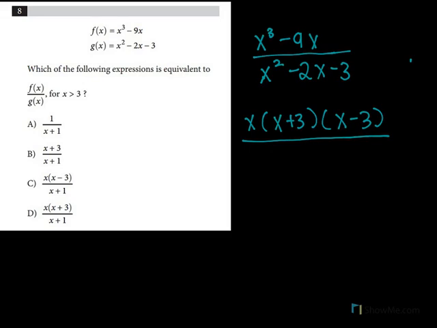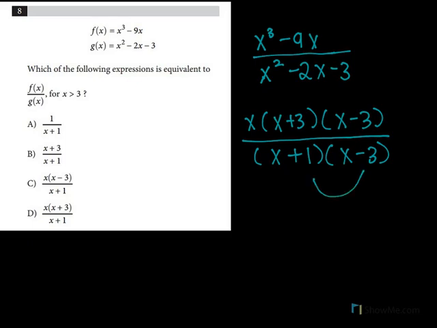So now let's factor out the denominator. Our denominator is x squared minus 2x minus 3. And how we factor this out would be x plus 1 times x minus 3.